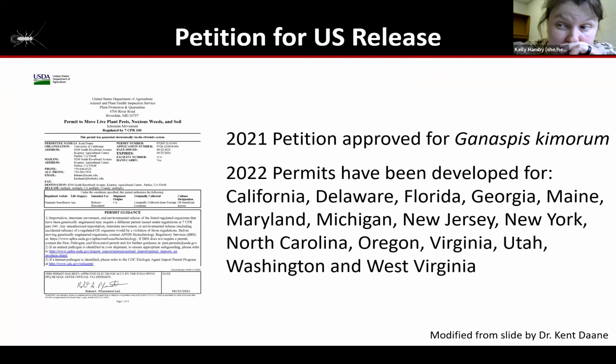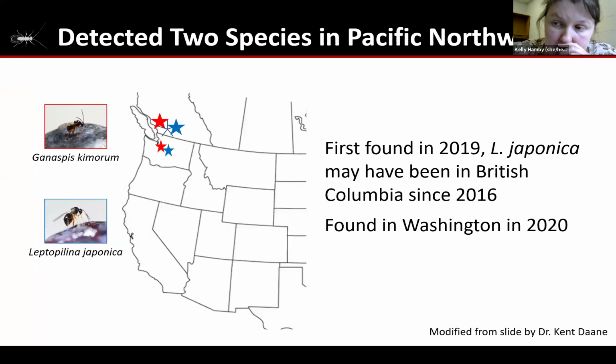We got a petition approved to release Ganaspis kimorum for spotted-wing Drosophila in 2021, and we have been releasing this wasp in Maryland since 2022. While this is happening, there were people in the Pacific Northwest who were also getting ready to do biological control and who were looking at spotted-wing Drosophila.